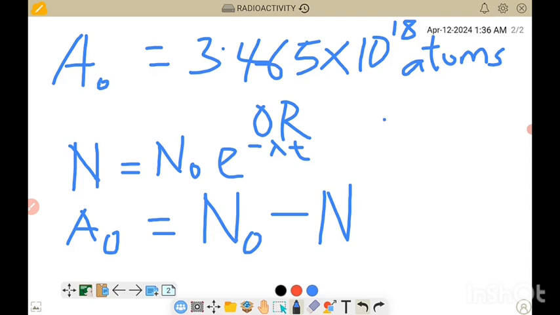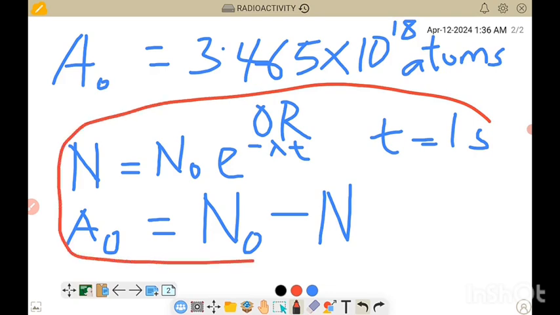And remember here, t will be equal to 1 second. You can also use this formula and you arrive at the same answer as well. That is the alternative method, but it's a bit longer than the method that we used, but you can check it out. You're going to arrive at the same answer.